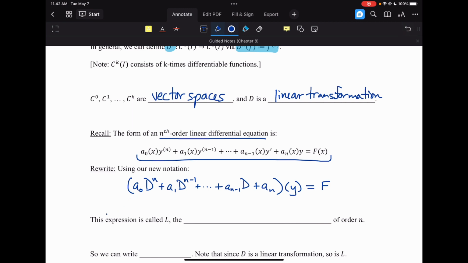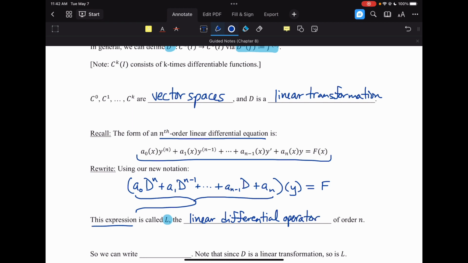This expression is called L. That is the linear differential operator, because this is the general form of a linear differential equation. So this whole expression is our linear differential operator of order n.